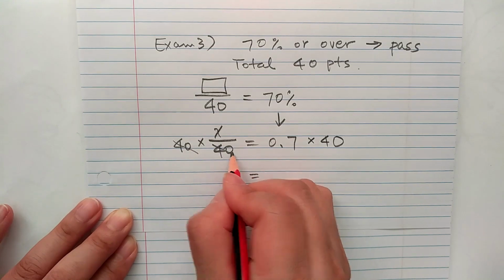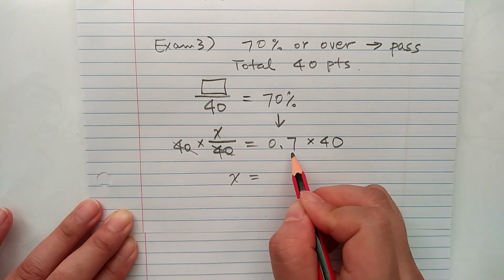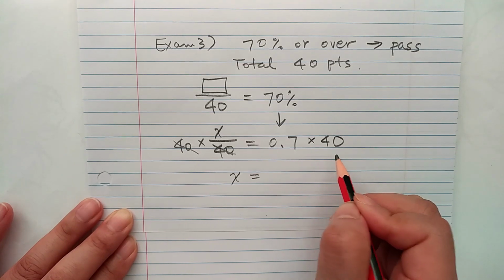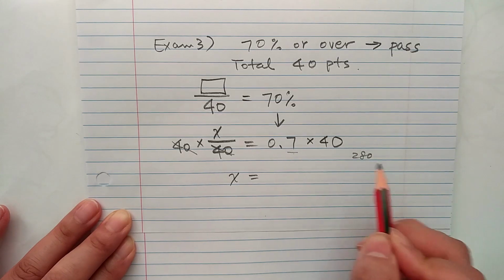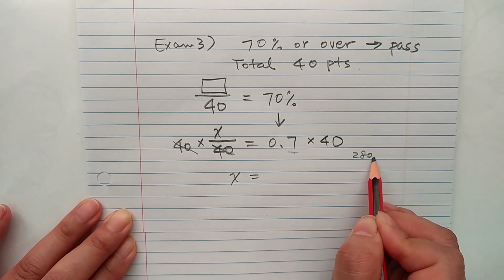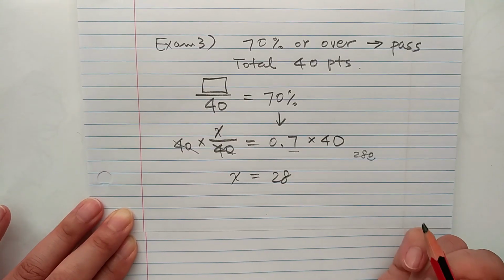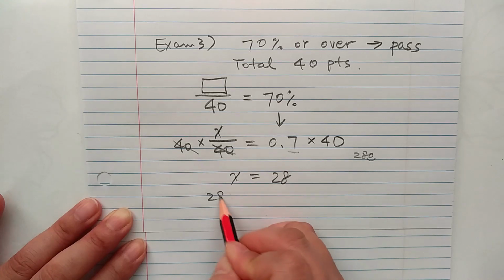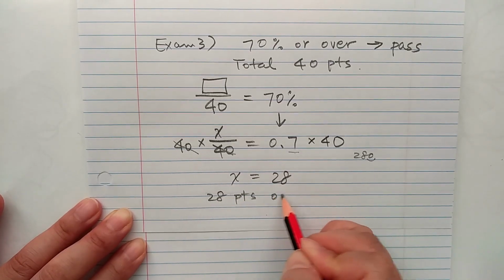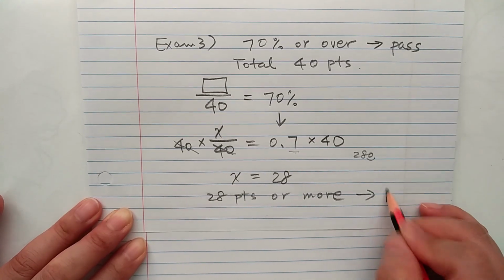Then these become 1, so x equals 7 times 40 is 280, but there's a 1 decimal place here, so move the decimal point 1 step to the left, then we get 28. So that means if you receive 28 points or more, you pass the exam.